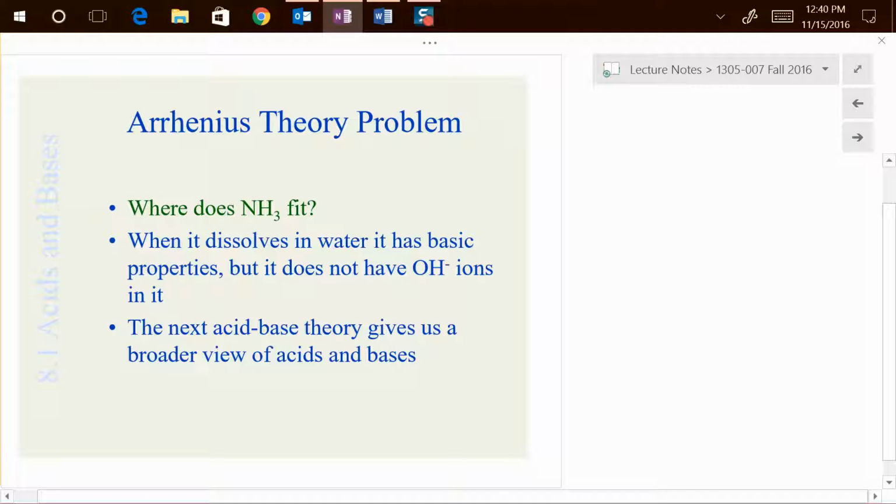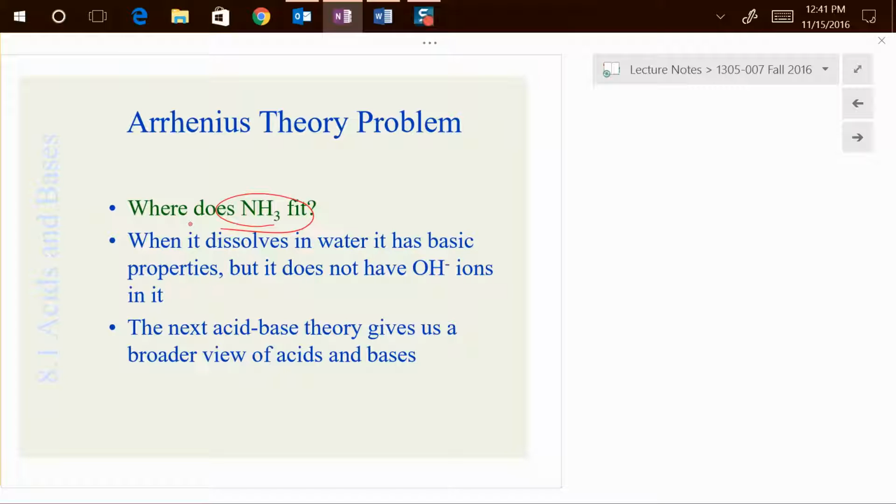Now the problem with the Arrhenius theory of bases, not so much with acids, it's pretty straightforward with an acid, but with a base, what about NH3? Well, NH3 is basic. It's a basic compound. But it doesn't dissociate into OH ions, right?